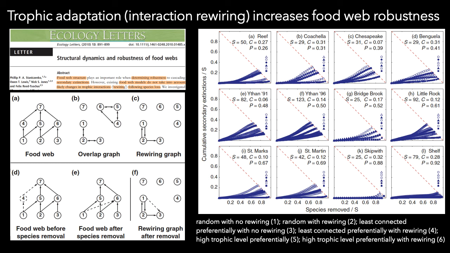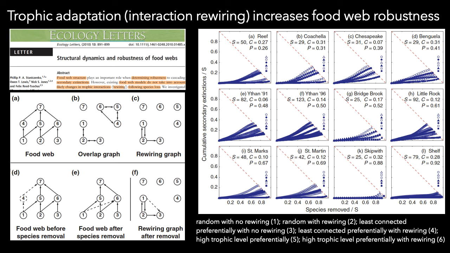In this way, a trophic link is rewired, and there is a new connection between species 1 and 6. Finally, in F, we can see that after the removal of the species, the rewiring graph also changes, as a new link is drawn between species 1 and species 3. And this includes the possibility of further rewiring with increasing fraction of primary species loss.